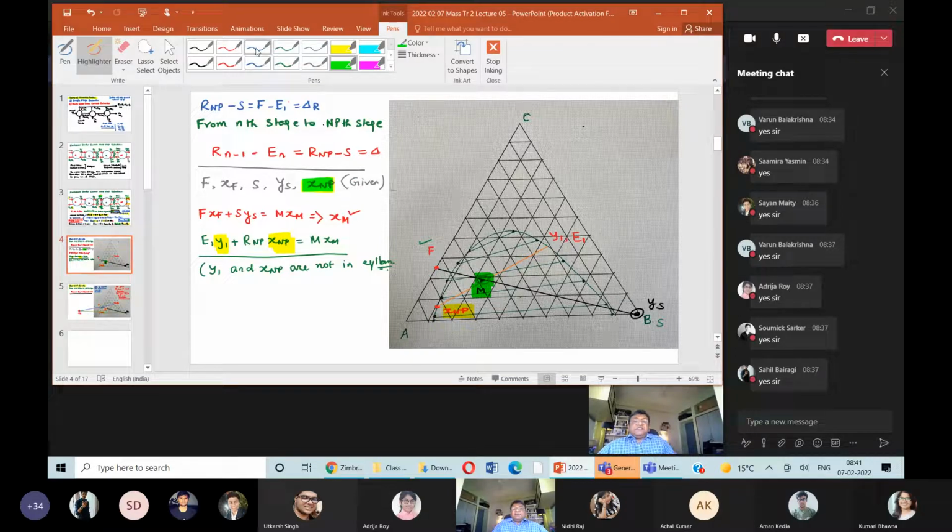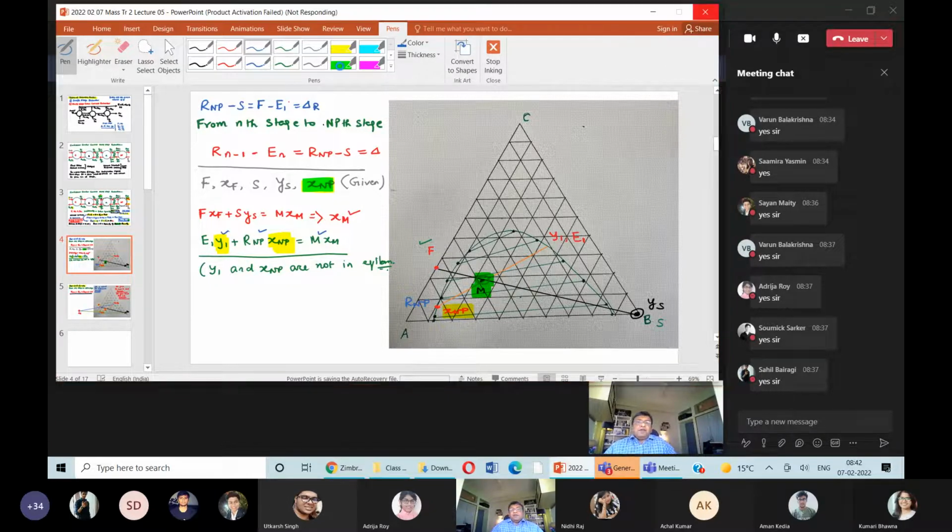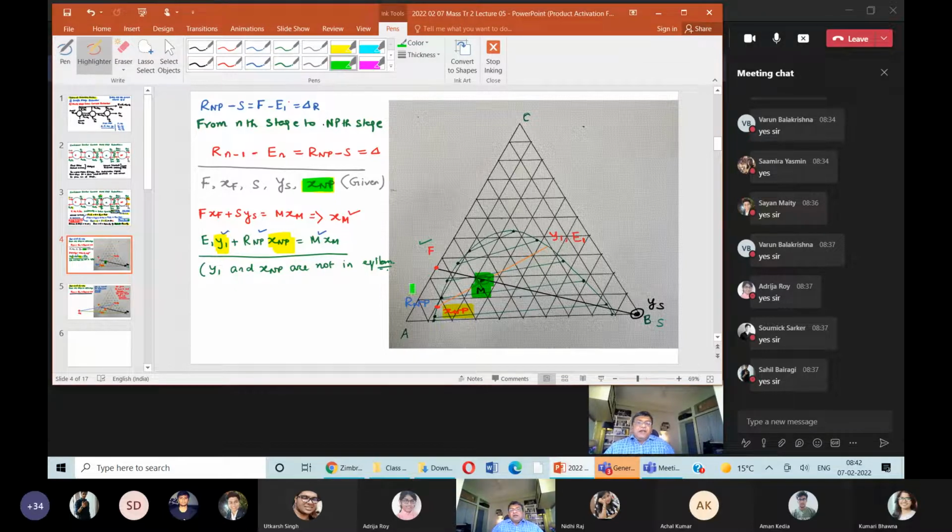Therefore, this is essentially the point RNP. We now join RNP and M because these give the equation of a straight line. So these 3 points lie on a single straight line. So now you join RNP and M to get E. Up to here should be clear to everyone.